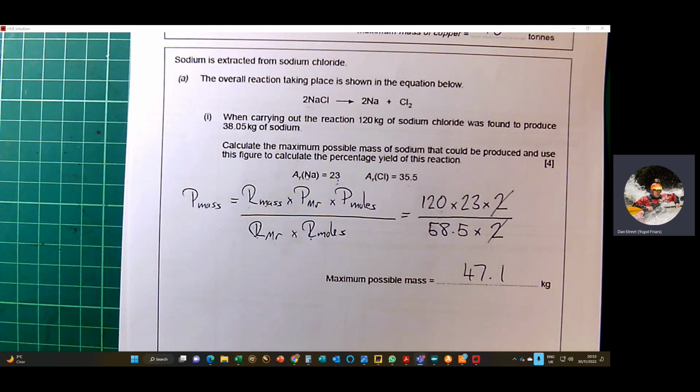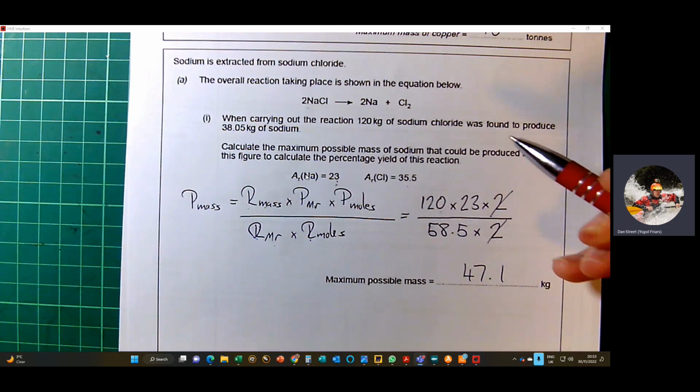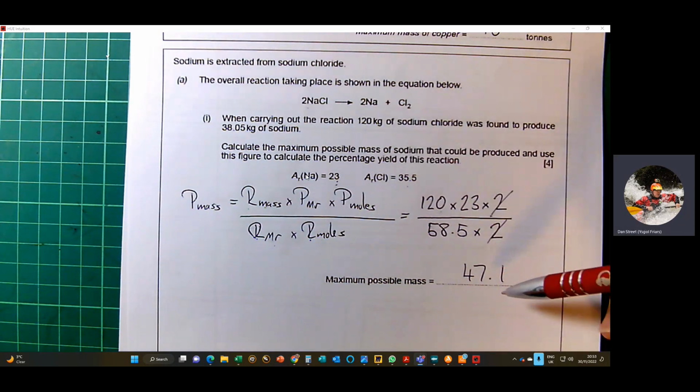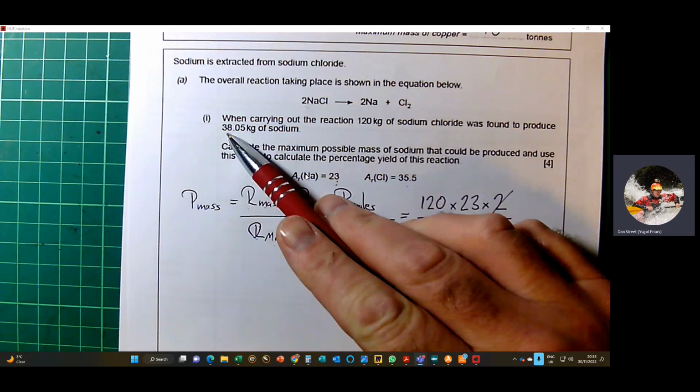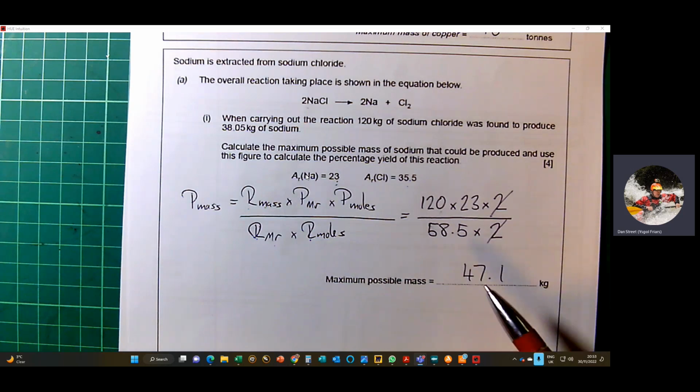Okay, and then the second part of this question asks you to consider what the actual yield is, because in the real world, they only actually make 38.05 kilograms of sodium, because there will be losses due to various reasons.